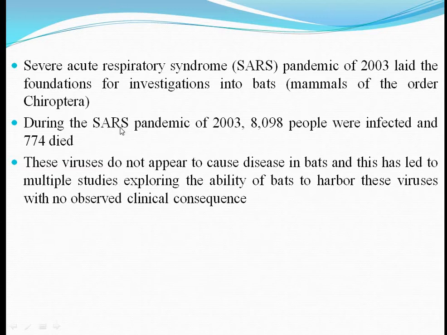During the SARS pandemic of 2003, 8,098 people were infected and 774 people died. These viruses do not appear to cause disease in bats, and this has led to multiple studies exploring the ability of bats to harbor these viruses with no observed clinical consequence.